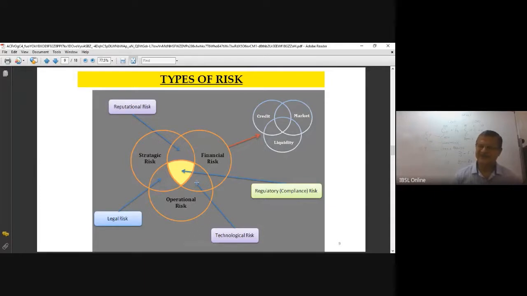This particular portion is your total loans and advances, and that will result in credit risk. So one of the major areas of risk management where your balance sheet is concerned is credit risk, your major portion of risk in the balance sheet.